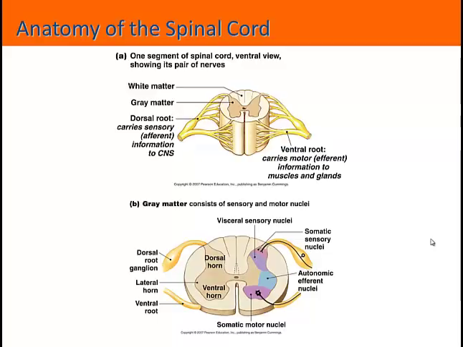In the ventral horn, we've talked about those somatic motor nuclei, or cell bodies that give rise to motor neurons. In the lateral horn of the spinal cord is where the cell bodies that give rise to autonomic preganglionic neurons reside. And we'll talk about where specifically in the central nervous system the parasympathetic and sympathetic neurons originate in just a second.